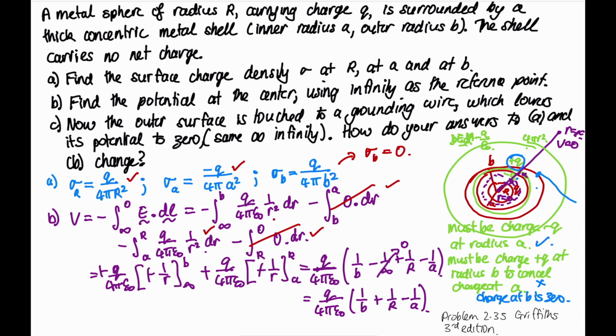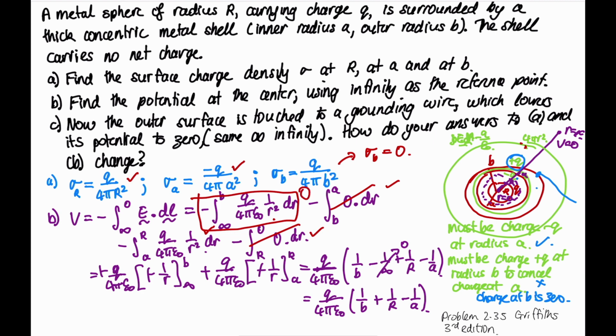But this part here is now different because we came up with that by considering this green Gaussian surface here. But now the enclosed charge is 0 because we've got Q here and we've got minus Q here, but we don't have anything there. So the total charge inside here is 0.